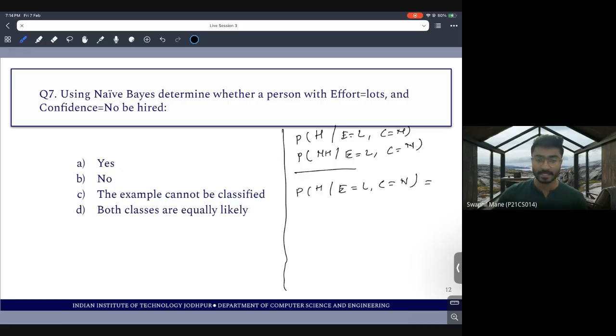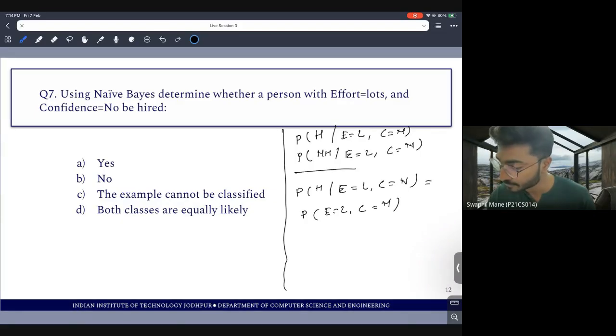So we can write this as efforts is equal to lots and confidence is equal to no, given hired, times the probability of hired.